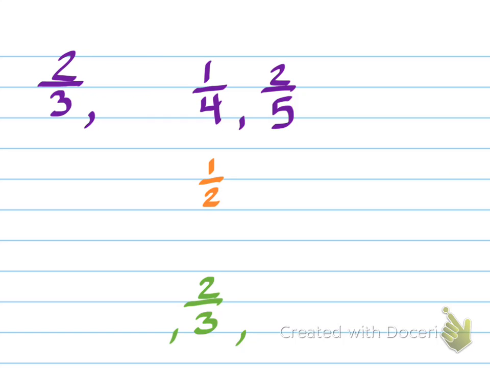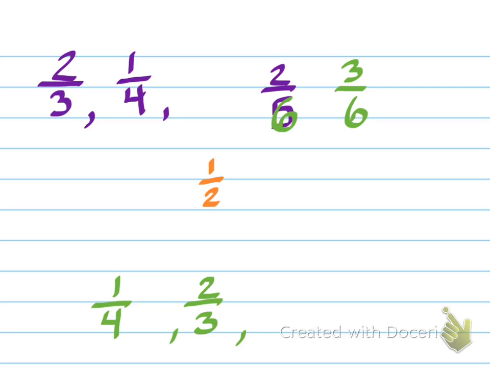And we are looking at 1/4. Well, we just figured out that 2/4 is really 1/2. So if 2/4 is 1/2, 1/4 is less than 2/4. Therefore, 1/4 is less than 1/2. So I'm going to put 1/4 right over there to the left. And let's take a look at 2/5. Well, 5 is an odd number, so we are going to pretend that it's really 2/6, because it's pretty easy to figure out what half of 6 is.